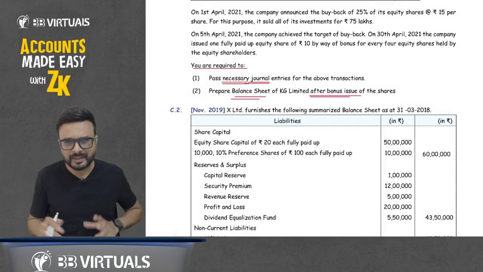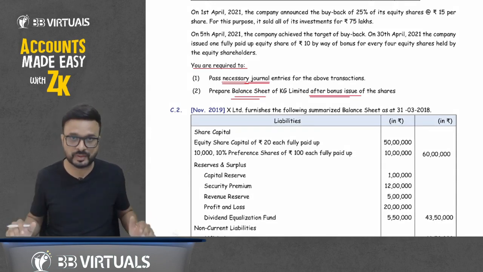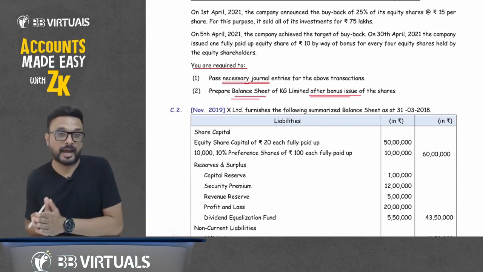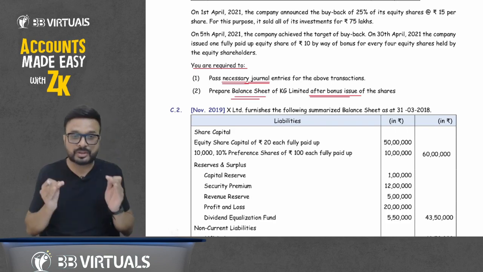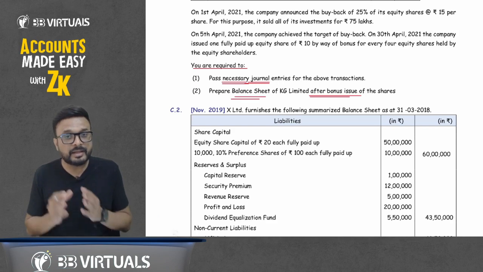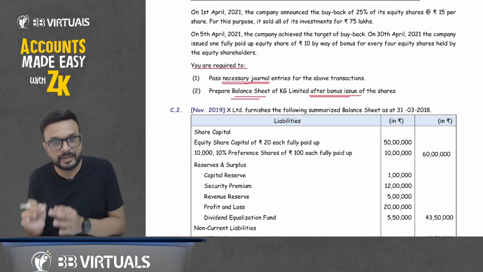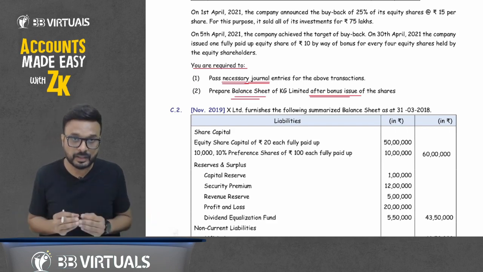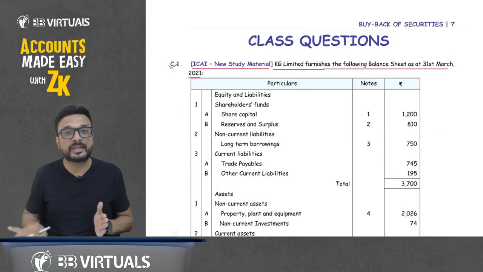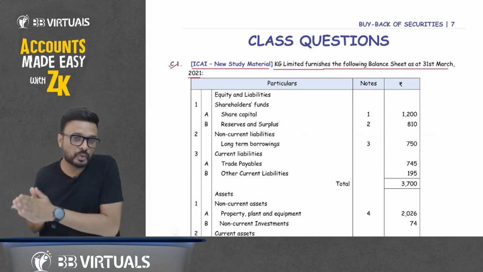We have to pass journal entries of those adjustments, and prepare the balance sheet of KG Limited after bonus issue. Here in this question, bonus and buyback both are given, and we have already discussed the bonus issue. In other words, we have to pass journal entries and prepare the balance sheet. The balance sheet given in the question is before the buyback and the issue of bonus shares.